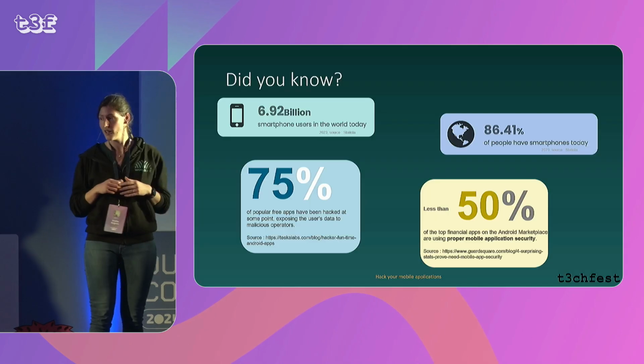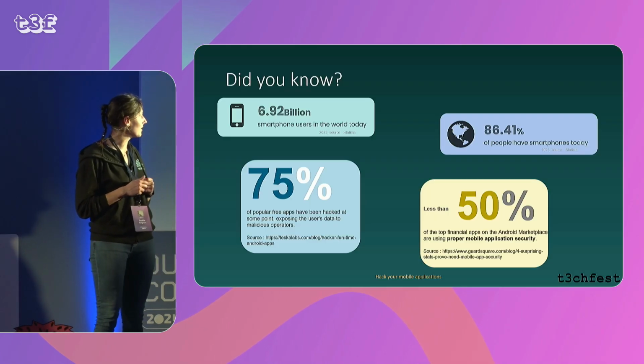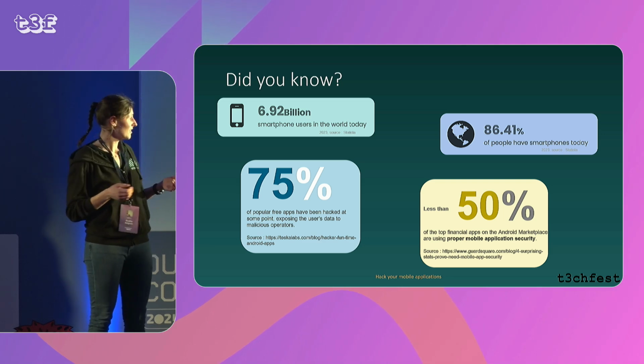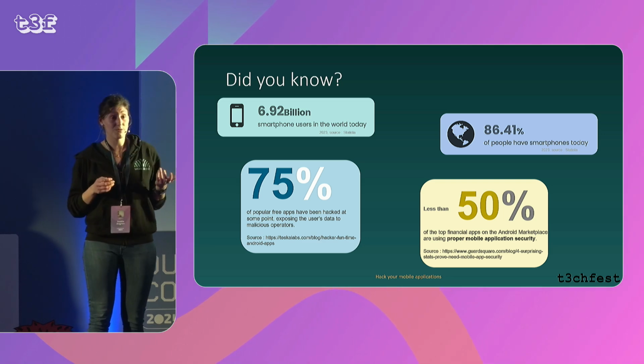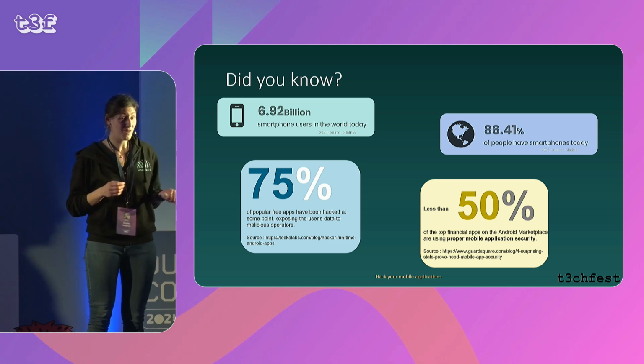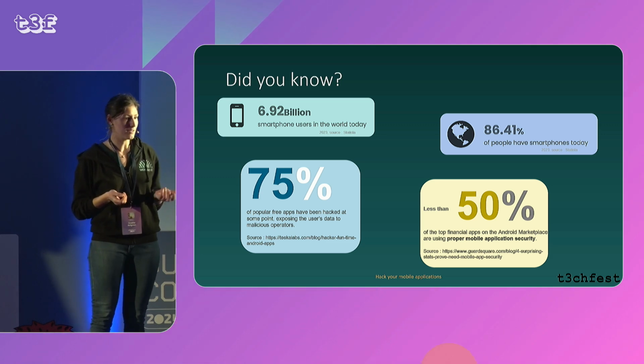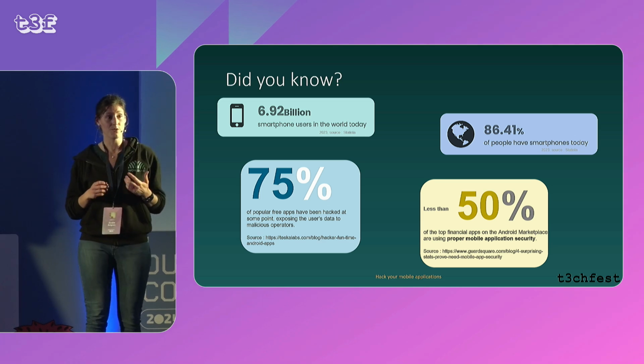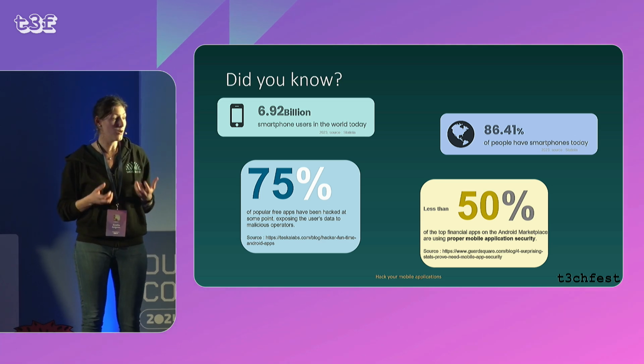So the first thing I studied: why do we need a mobile application? Because there are over 6 billion smartphones used in the world today. It's a very big number, and more than 86% of the population on Earth owns a smartphone.